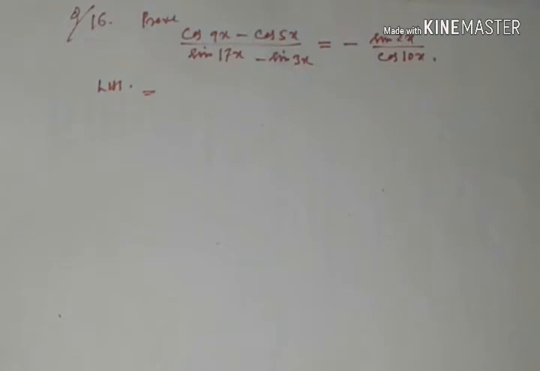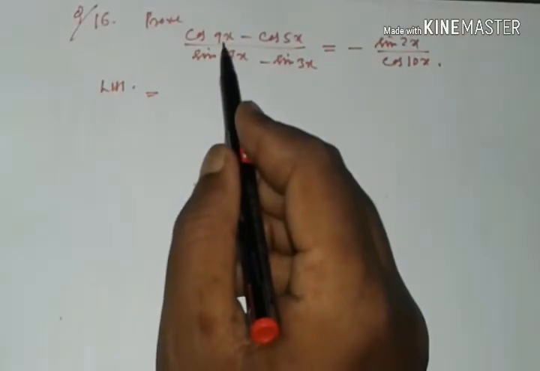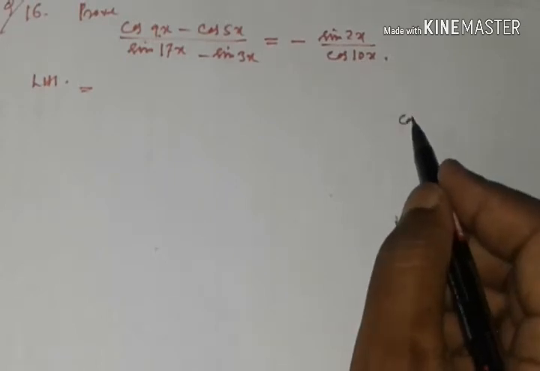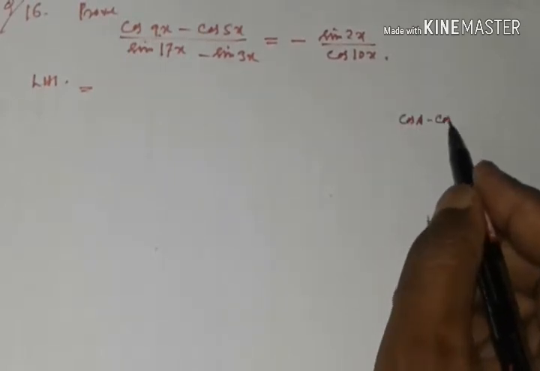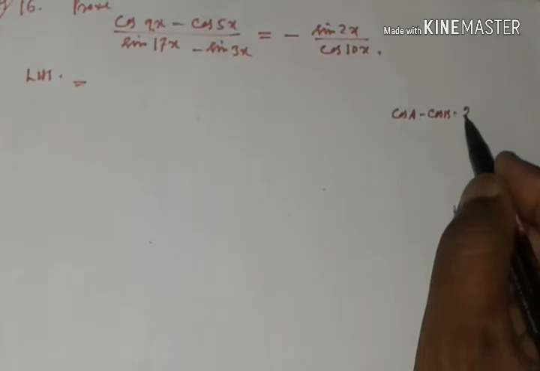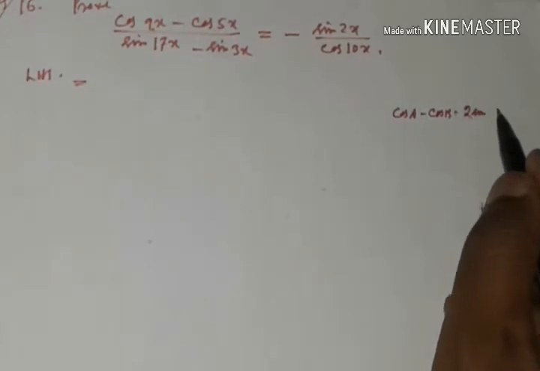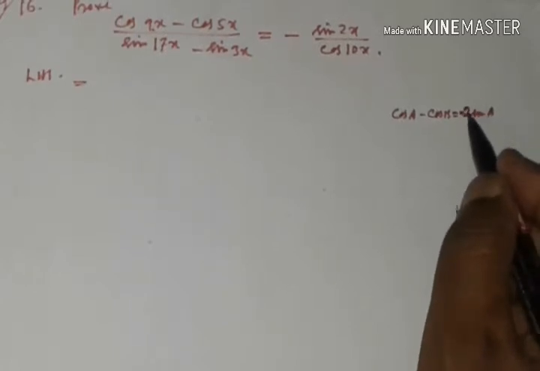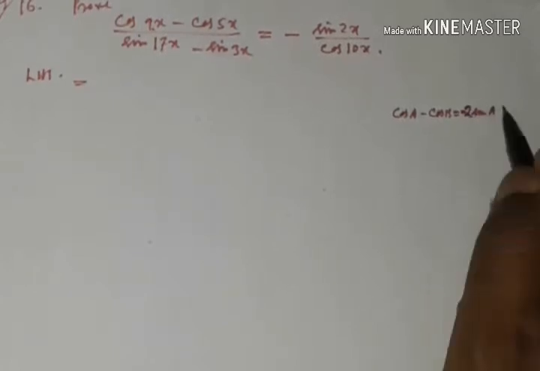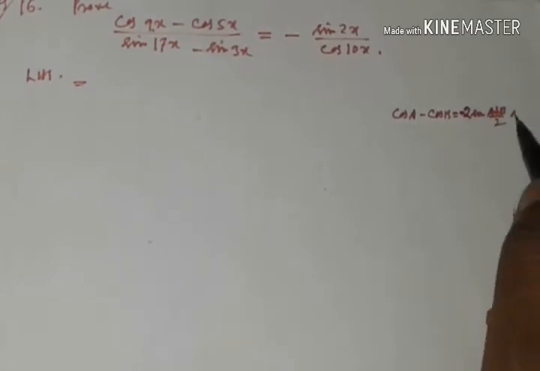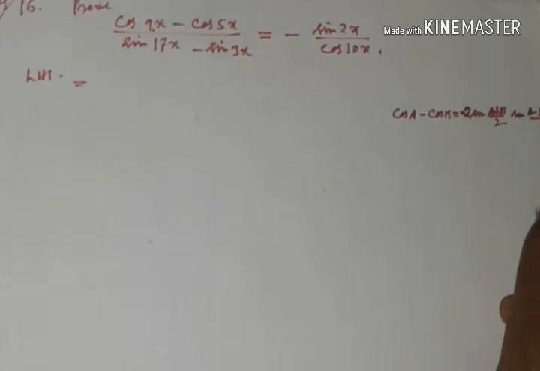Here we have cos 9x. We have got the formula for cos A minus cos B, and we have to remind ourselves of it. Cos A minus cos B is minus 2 sin (A plus B)/2 sin (A minus B)/2.